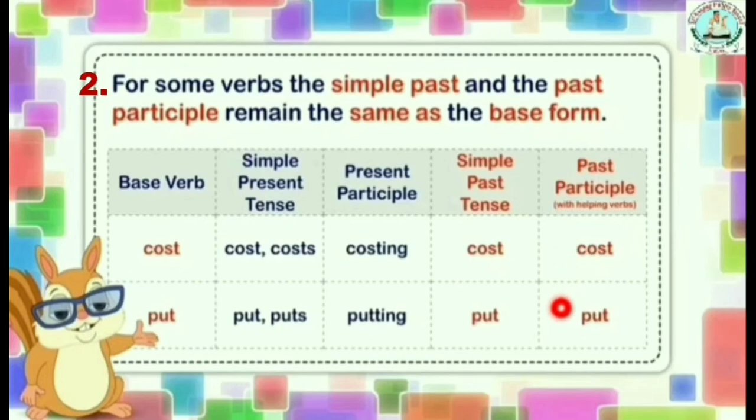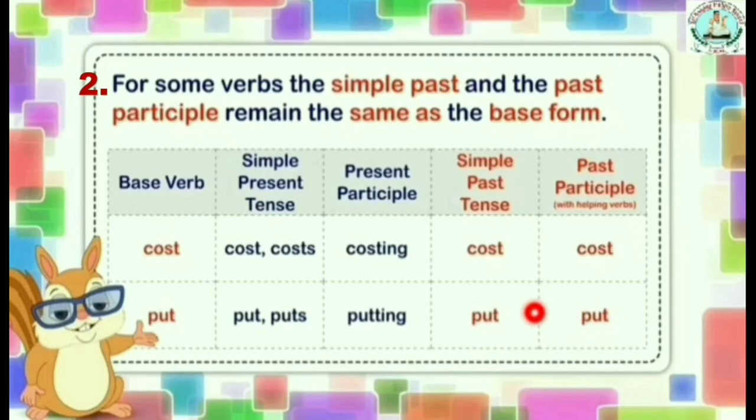So some verbs are there which follow these rules. It means base verb, simple past tense, and past participle remain the same spellings. And one more example, look here, put, put, put. They do not change their spelling.